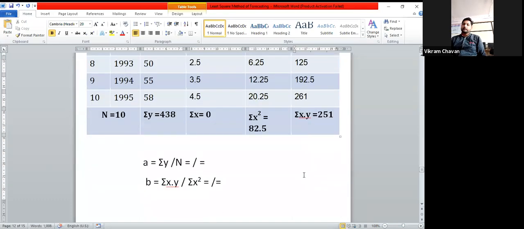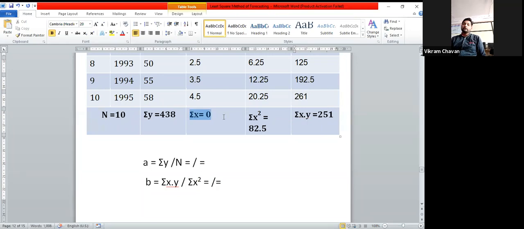Next, we have to calculate a and b, which are the unknown constants in the straight line equation. We get these a and b values as summation of y divided by n and summation of x multiplied by y divided by summation of x square, when we put summation of x equal to 0 in the normal equations.